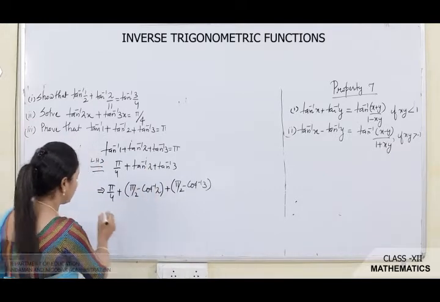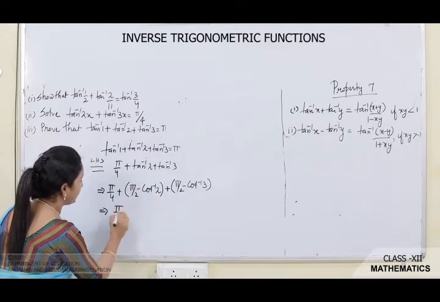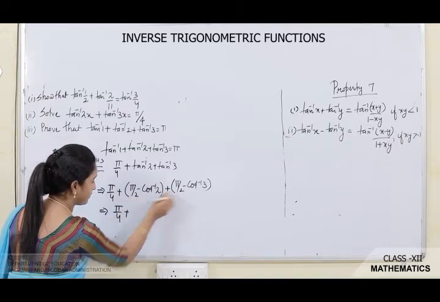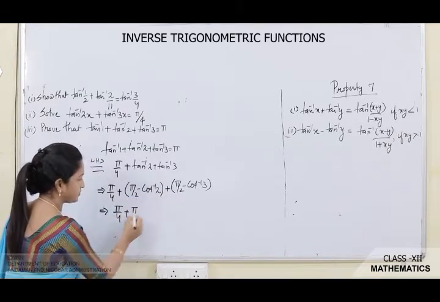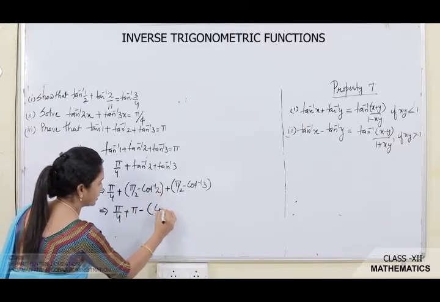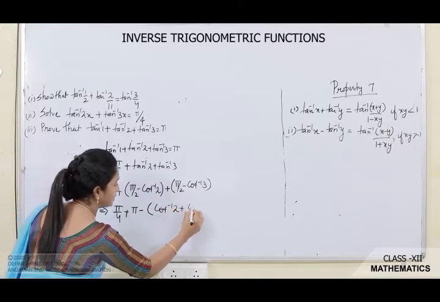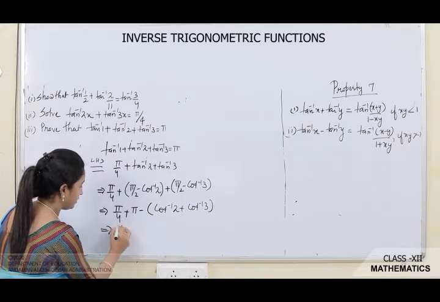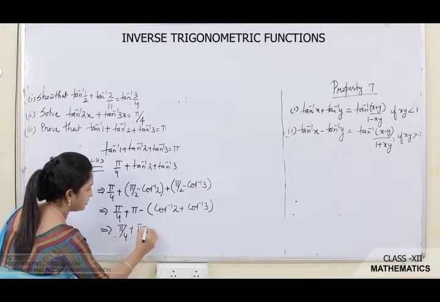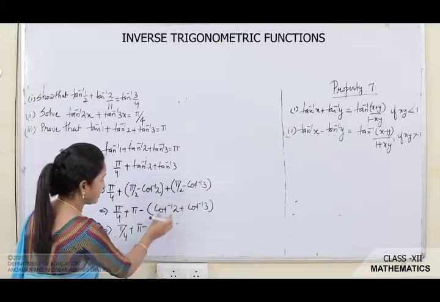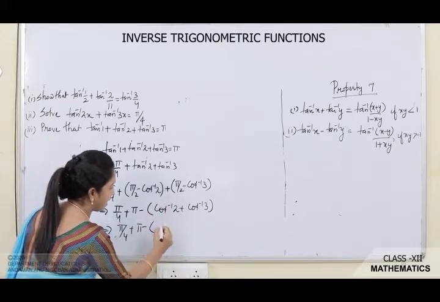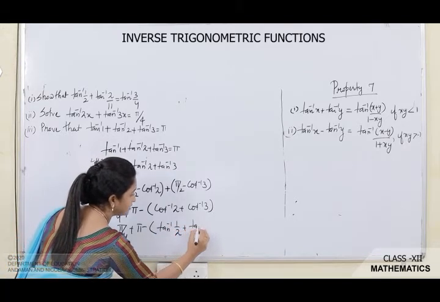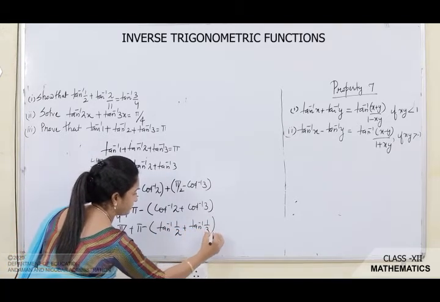Clear? Now pi by 4 plus, you will simplify this pi by 2 plus pi by 2, you are going to get pi. Minus, take it out, you are going to get cot inverse 2 plus cot inverse 3. See here, I can write it down cot inverse 2 as tan inverse half plus tan inverse 1 by 3.